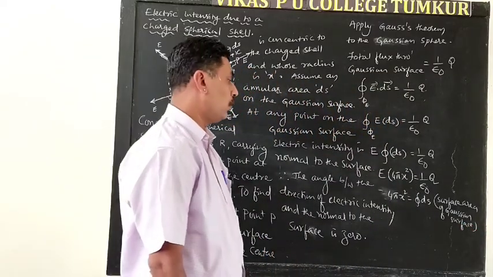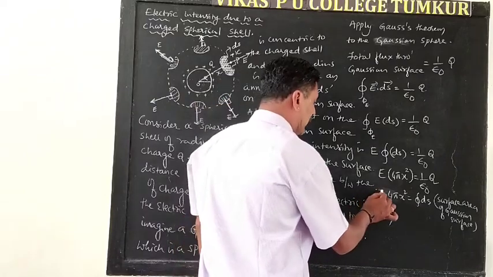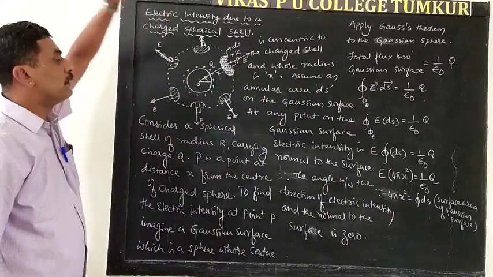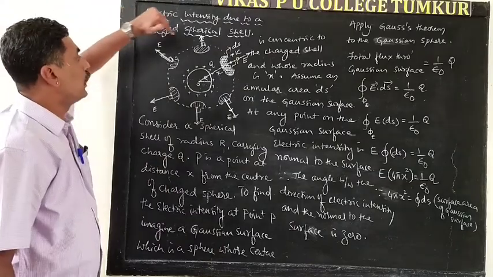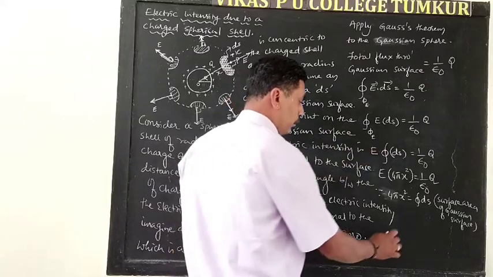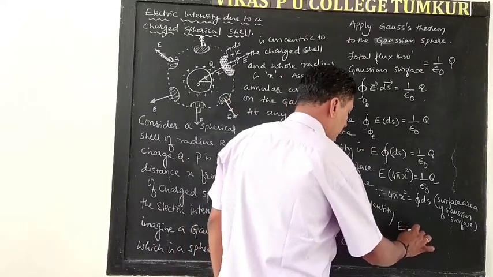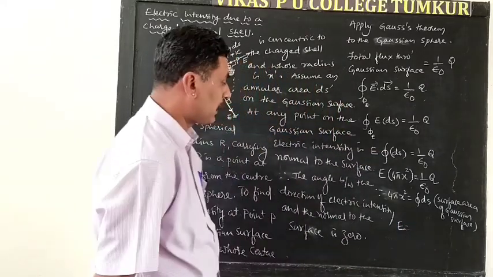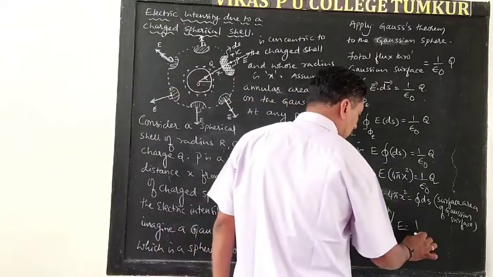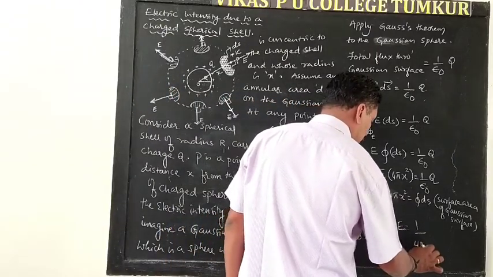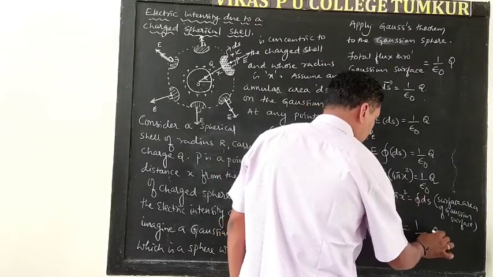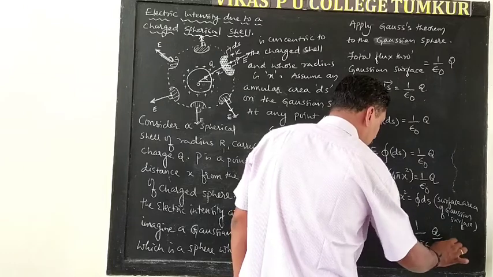So now what is my intention? My intention is to find the electric intensity due to a charged spherical shell. Now I must retain electric intensity on one side. The rest will be cross multiplied. So if I cross multiply the rest, I get 1 by 4 pi epsilon naught q by x square.